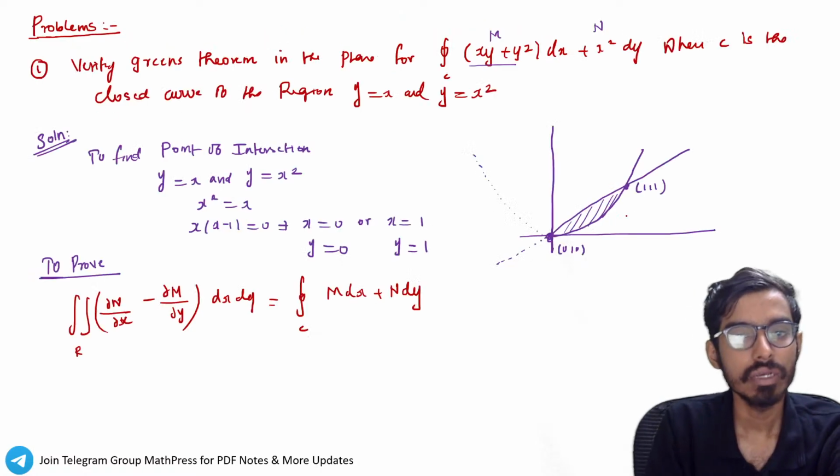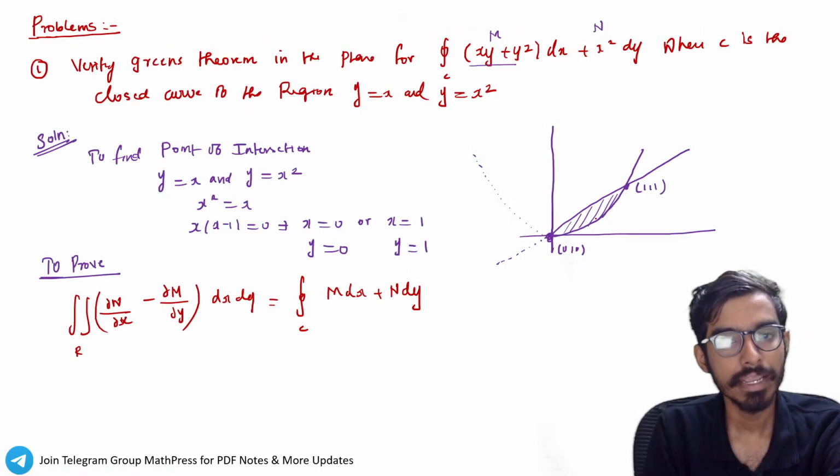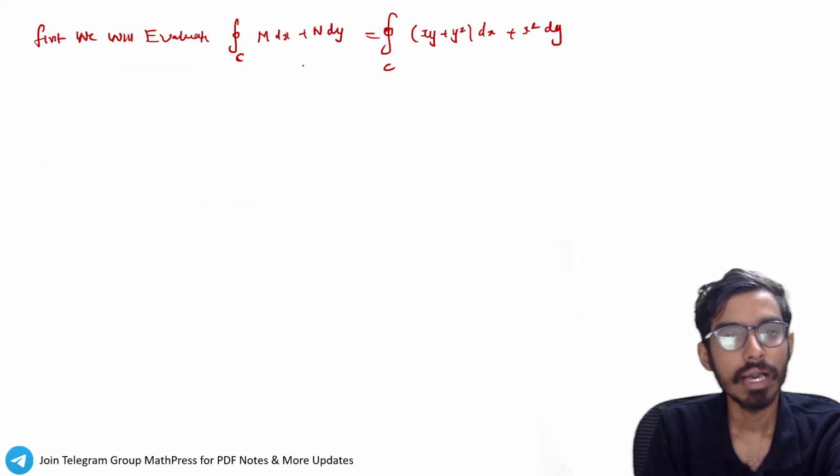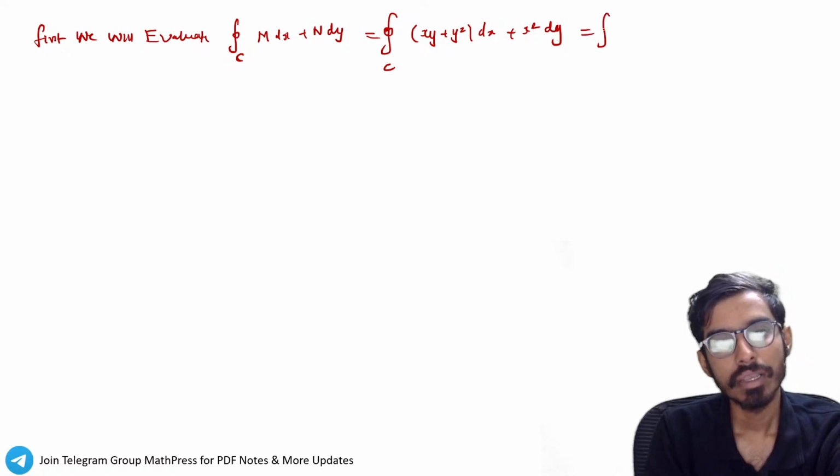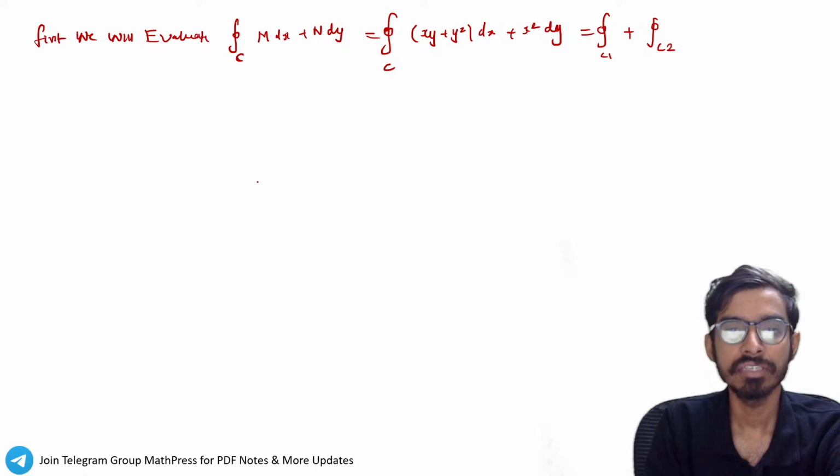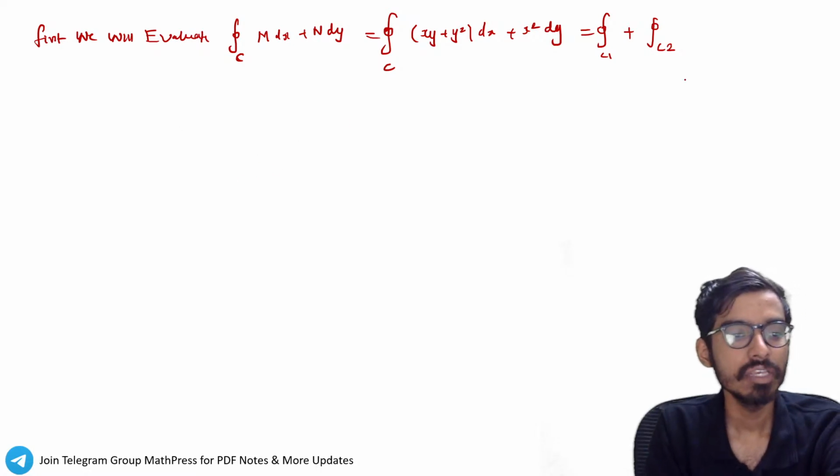Now let us call this curve C1 and this C2. So this is nothing but the integral over C1 plus the integral over C2. Now we will evaluate C1 and C2.